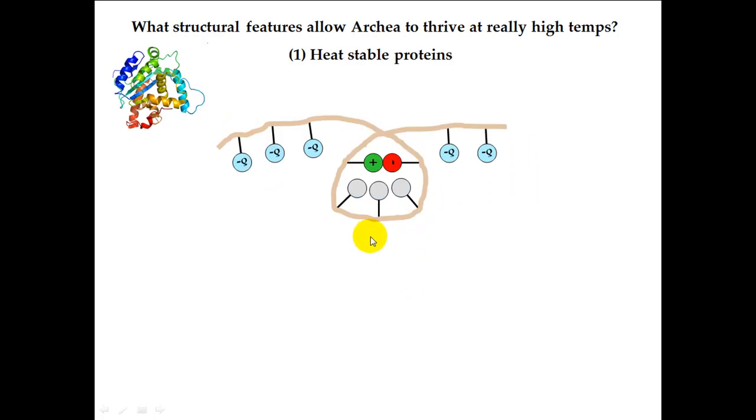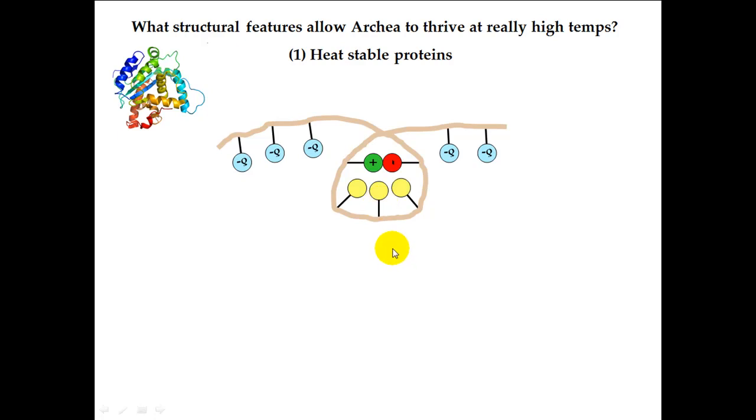Right. So again, the shape of a protein is determined by the chemical properties of the amino acids that make up that protein. One of the reasons why hot temperature doesn't easily unfold the proteins that you find in archaea is because if you consider the amino acids whose R groups are found in the core of archaea proteins, those amino acids have really extra hydrophobic R groups that will be represented by these yellow things.